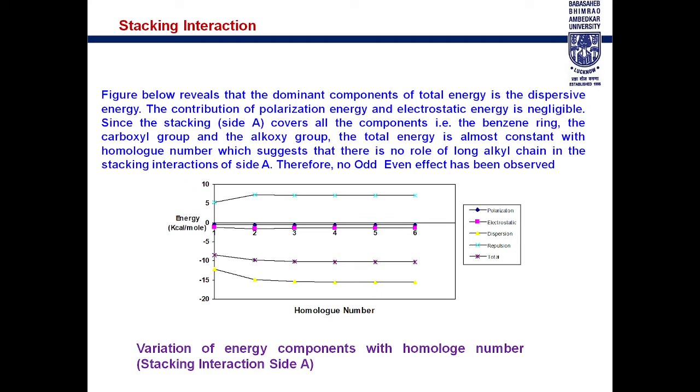Since stacking side A covers all the components, the benzene ring, the carboxyl group and the alkoxy group, the total binding energy is almost constant with the homologous number, which suggests that there is no role of the long alkyl chain in the stacking interaction of side A. Therefore, no odd-even effect has been observed, as evident from this figure.